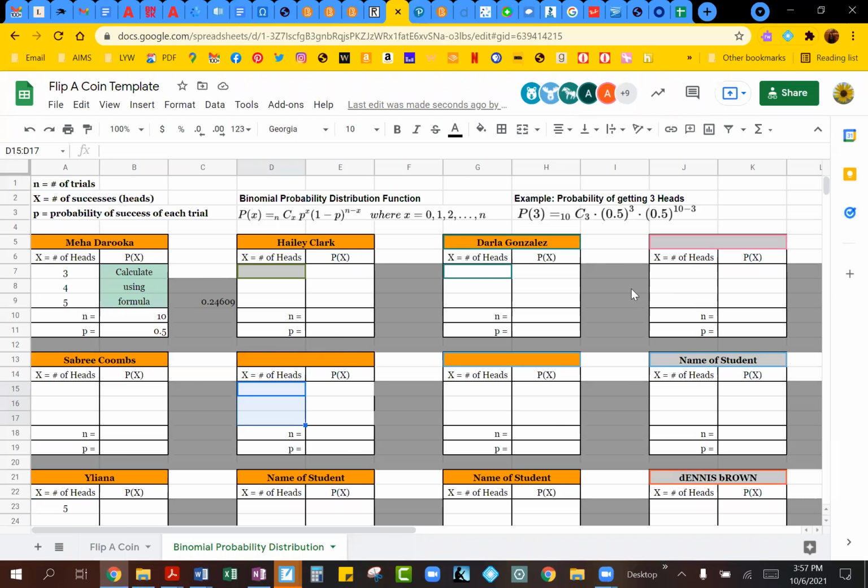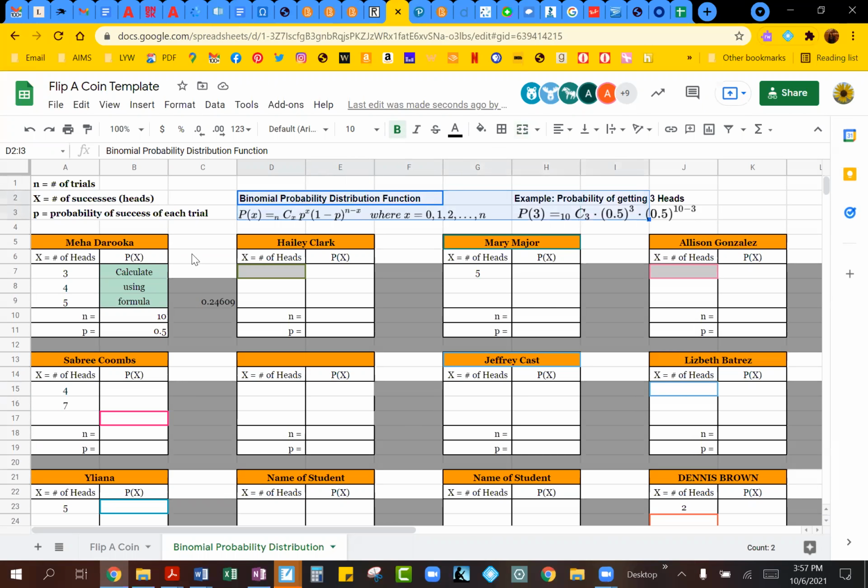So just pick a table that I have in there and go ahead and put in your number of heads. And I've actually already included that binomial probability distribution formula over here. And then I've got an example right next to it to show you how the formula will work.